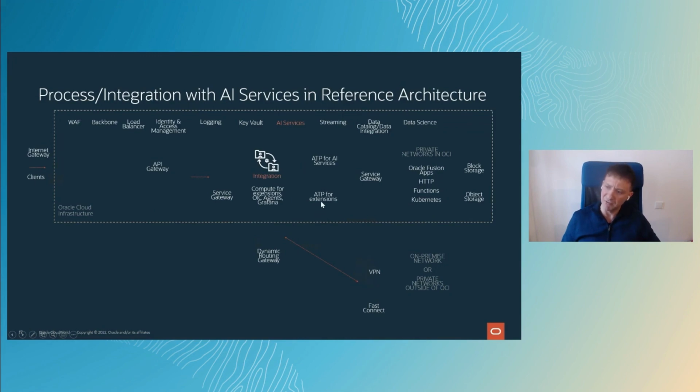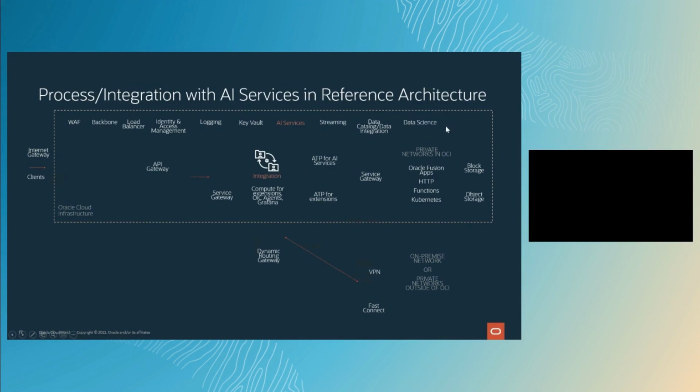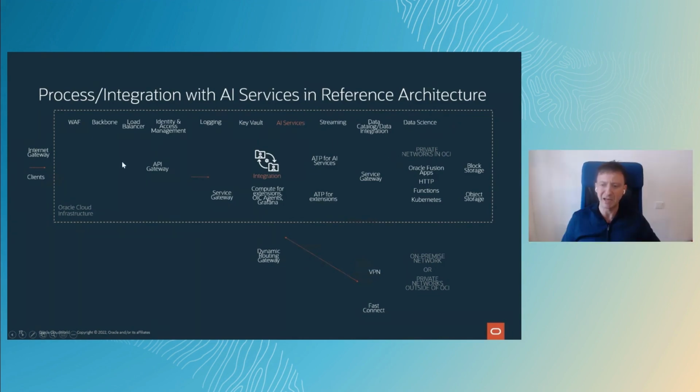On the right side, we have our block storage, object storage, private networks with maybe some functions, Kubernetes. We have Oracle databases for extensions built on top of integration and process automation and their data. We have compute for these extensions, but we also have on-premise networks via dynamic routing gateway, VPN, and FastConnect.